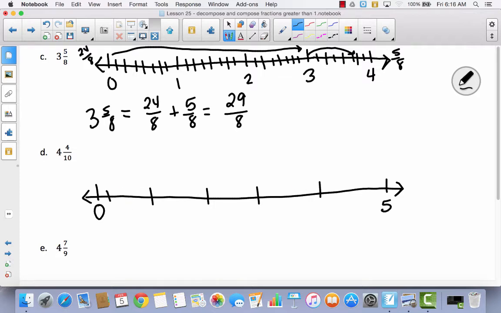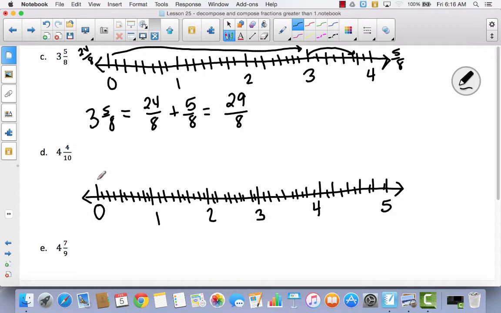That's dividing into fifths, and then I'll divide those in half.